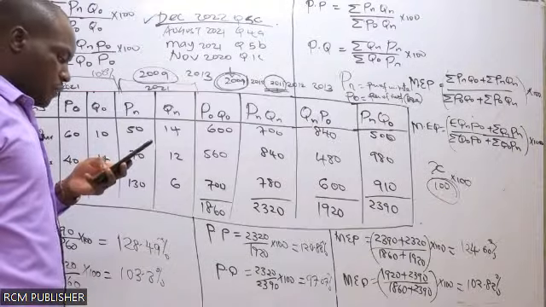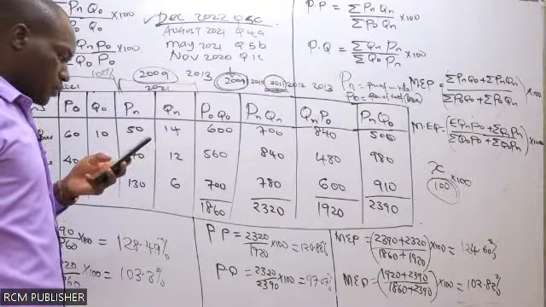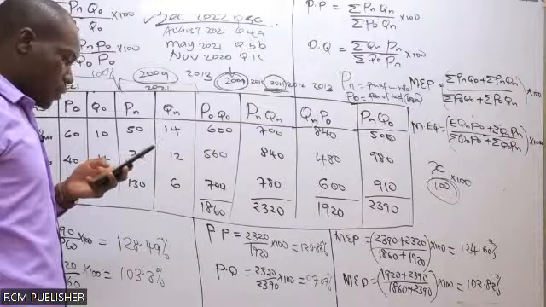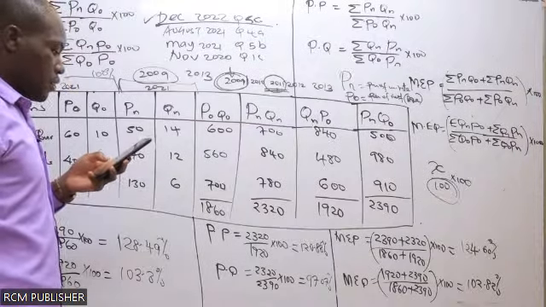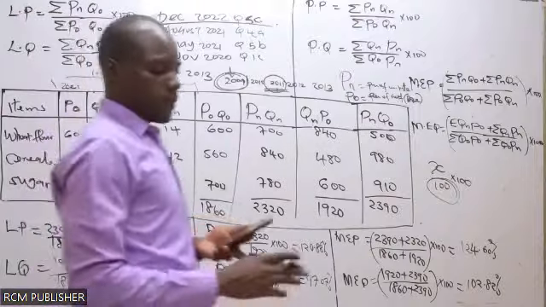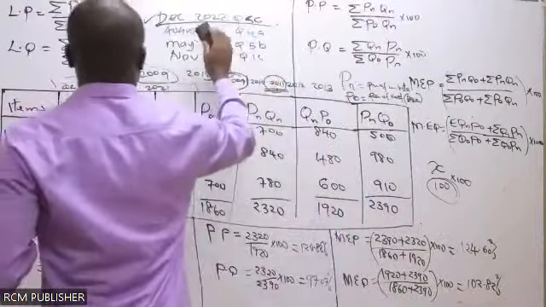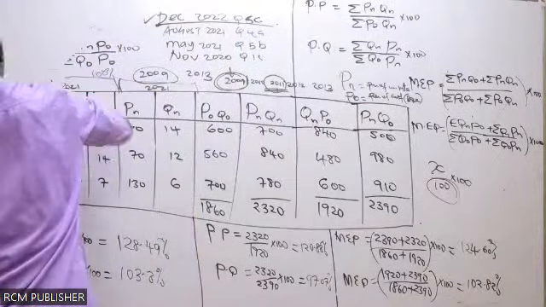Question number 5B. Is it one of those ones that we did the other time? 5B. Question 5B. Check if it's one of the questions that you have already done.